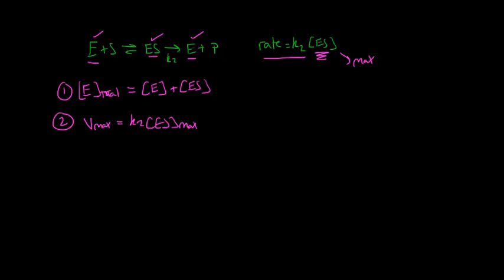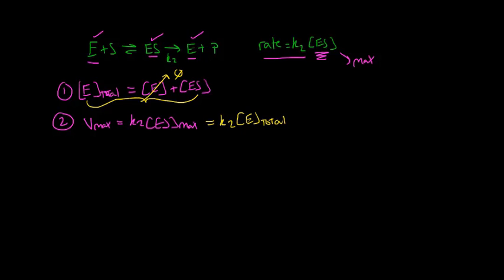The maximum concentration of the enzyme-substrate complex occurs when the concentration of free enzyme is essentially zero. So the maximum rate occurs when all of the enzyme is tied up as an enzyme-substrate complex.